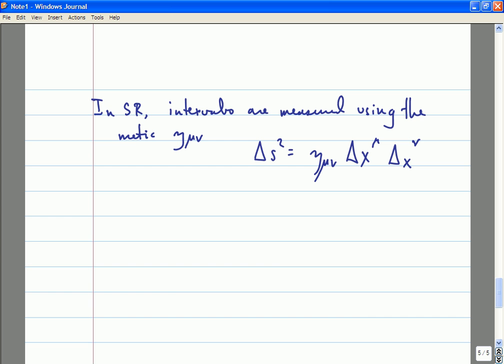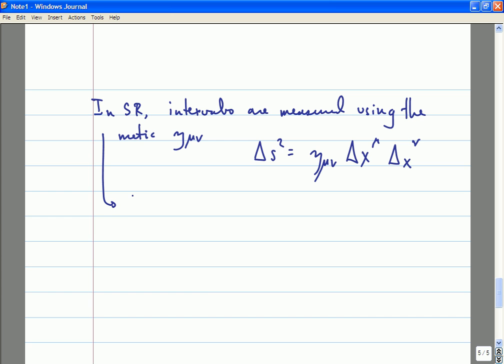Okay. So, this sentence that I have written here, that in special relativity, intervals are measured using this particular metric, which in the Cartesian coordinate system is a diagonal metric with plus and minus 1 entries. That's a rather long sentence. And in fact, there is a shorthand for this sentence, which you may have encountered before.